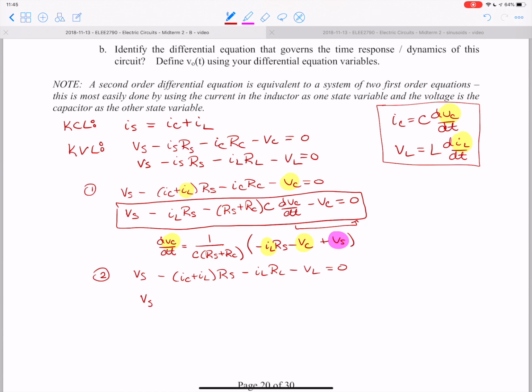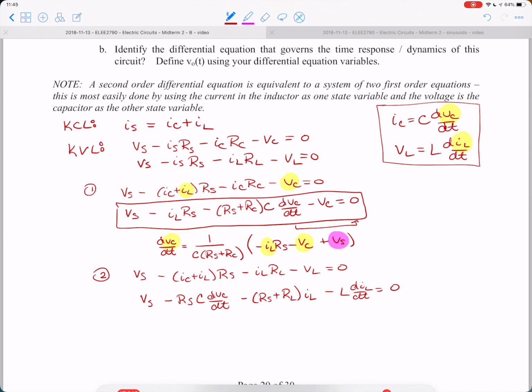We have Vs minus Rs times C dVc by dt. And then we lump together the two ILs. So minus Rs plus RL times IL minus L dIL by dt is equal to 0.